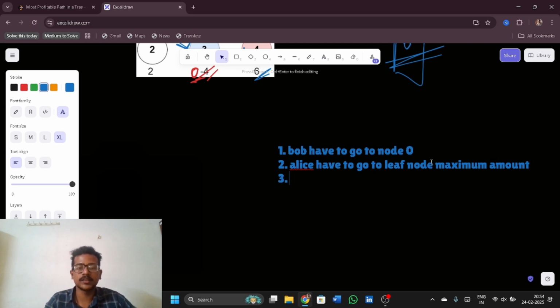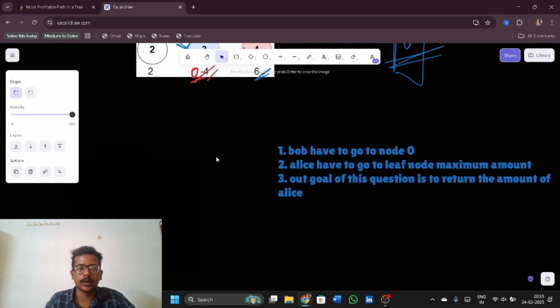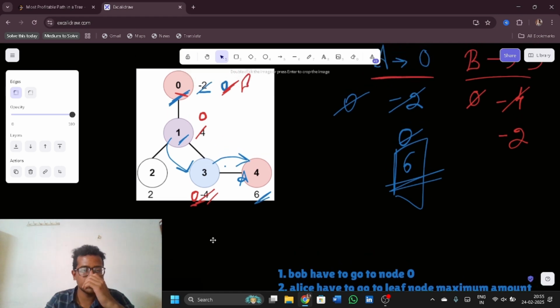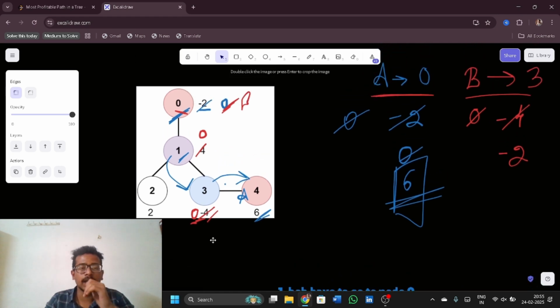Now this is the second observation, and the goal of this question is to return the amount of Alice. This is the goal of our question. Now let us see how we can solve this question by taking time into consideration.